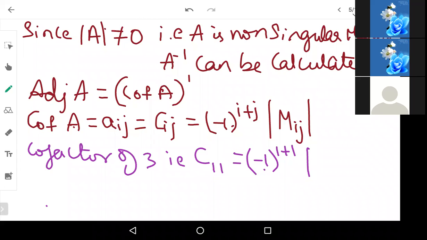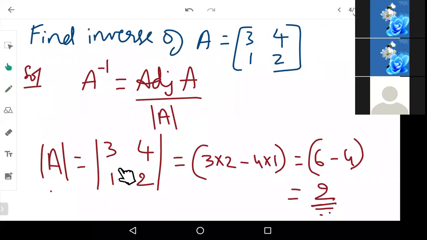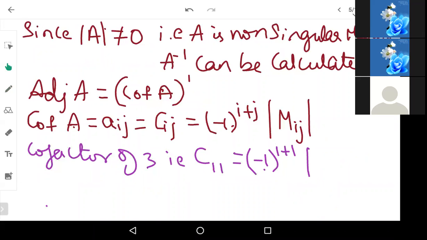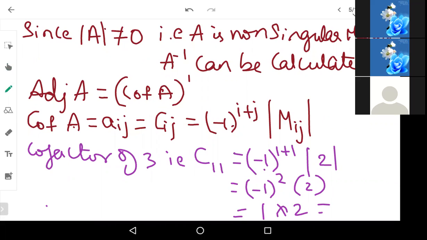The minor of 3 is 2. Then calculate minus 1 to the power 2 into 2. Minus 1 squared is plus 1, into 2. So the cofactor of 3 is plus 2.